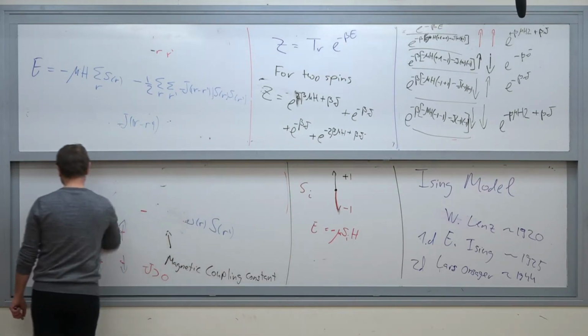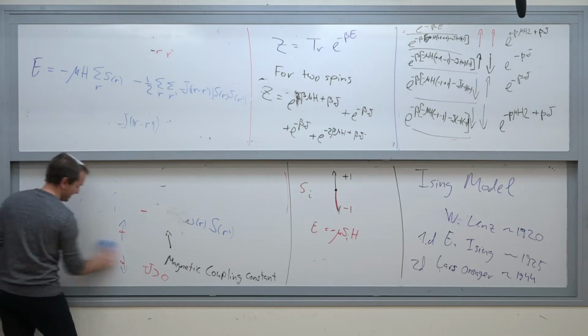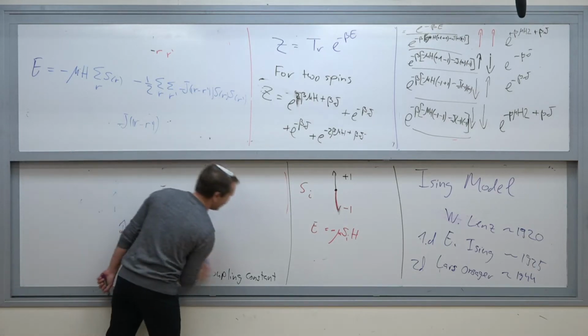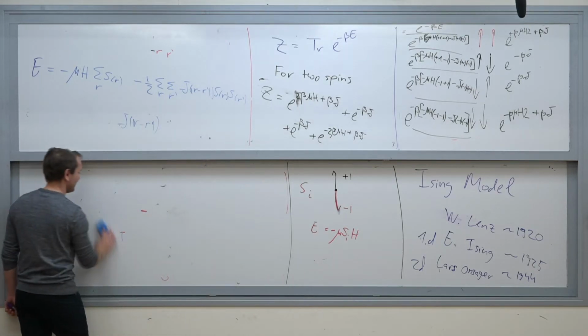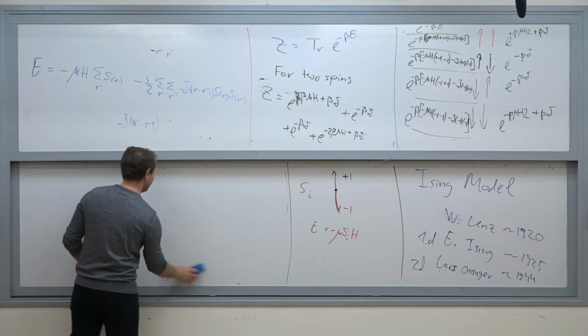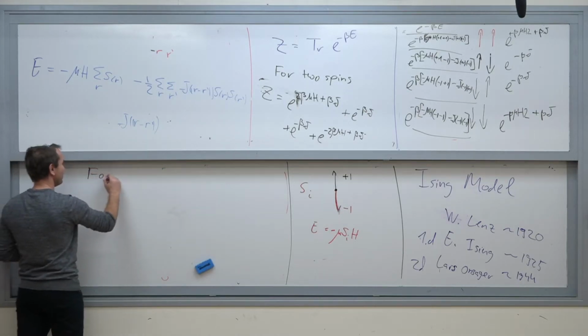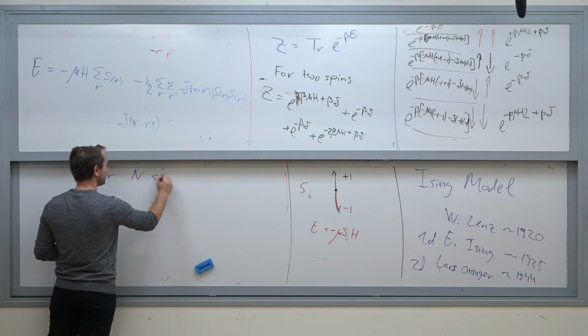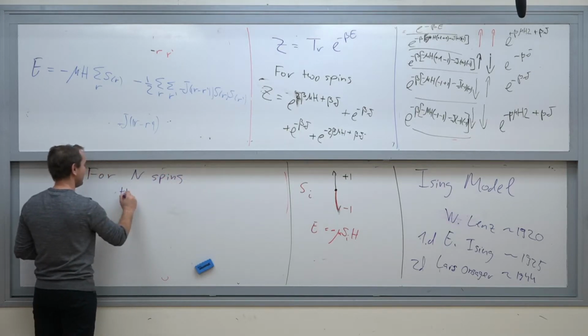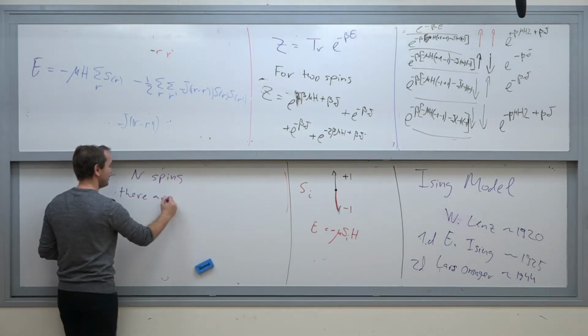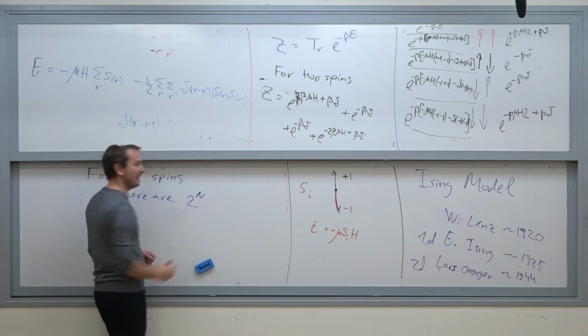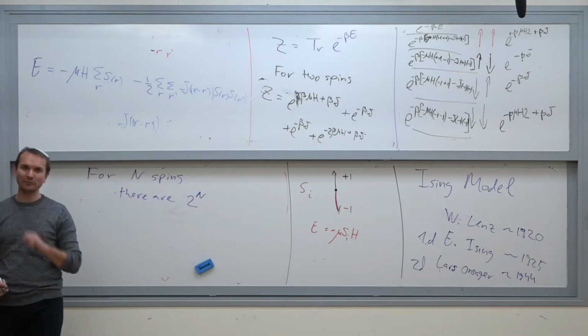For n spins, there are 2 to the power of n eigenstates that I have to count.